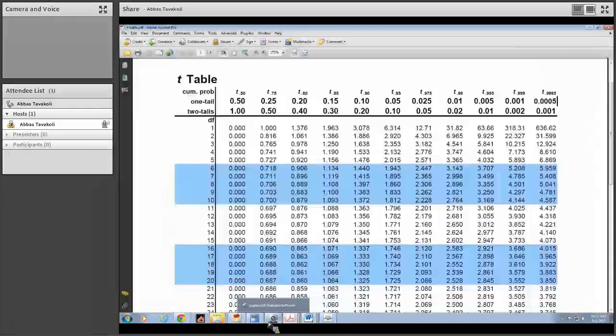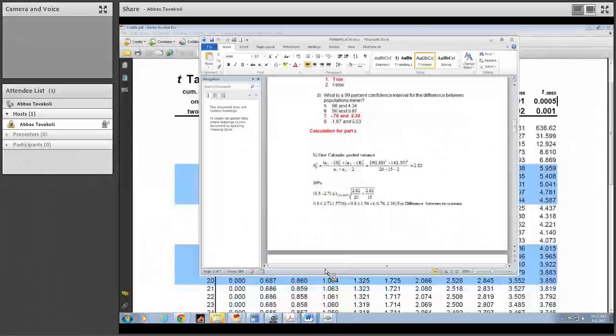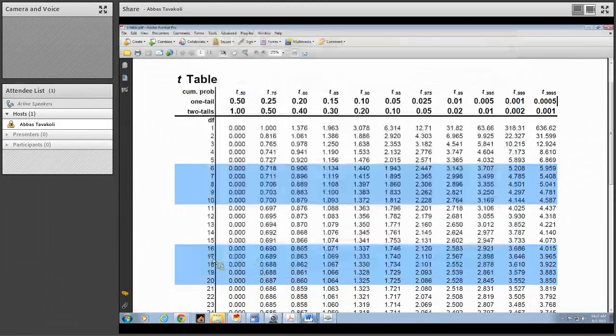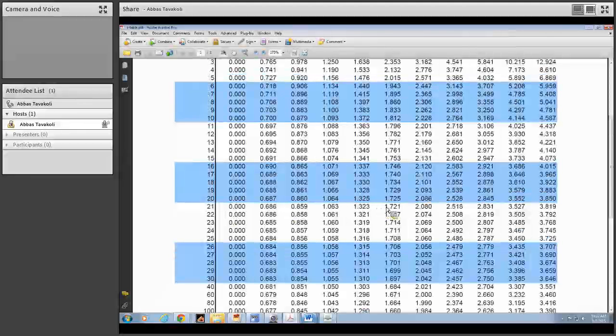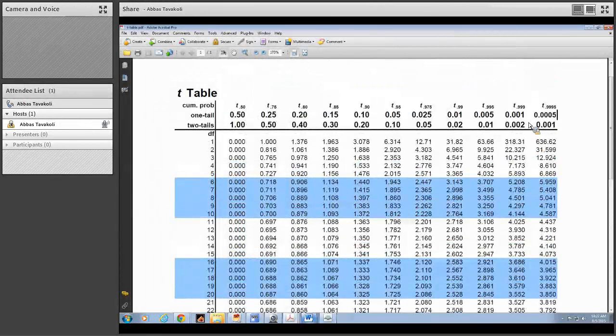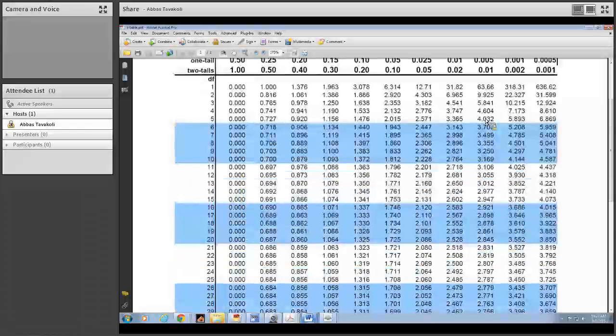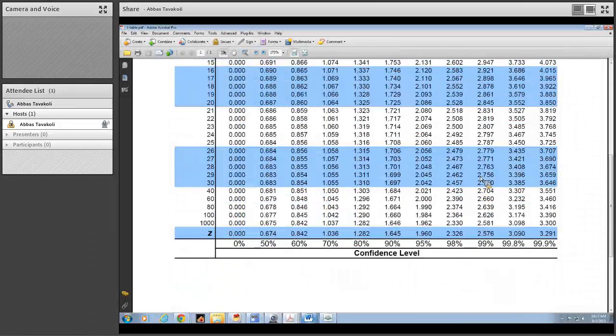Remember the degrees of freedom we had here was 33, so we go to find 33. Some tables don't have 33, some do, and so we want the 0.995 column.